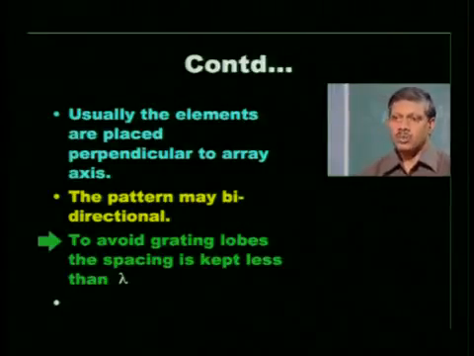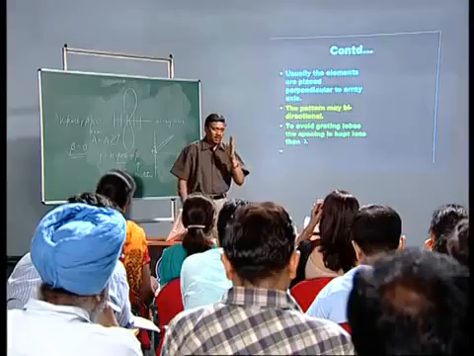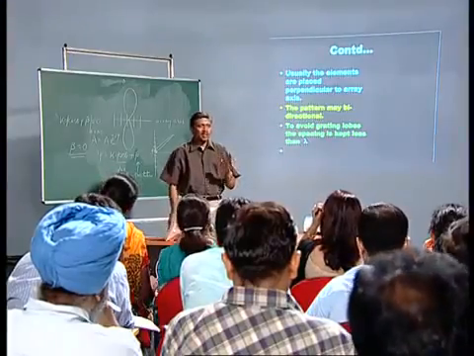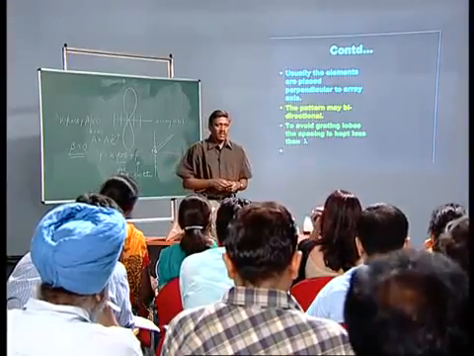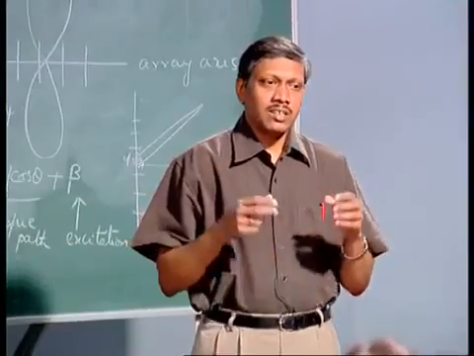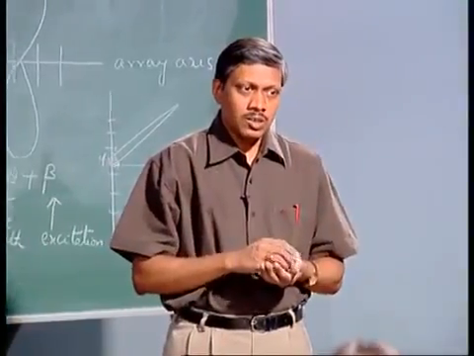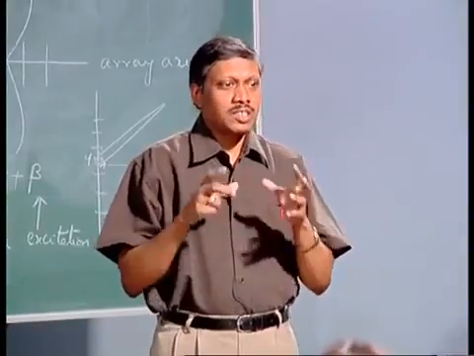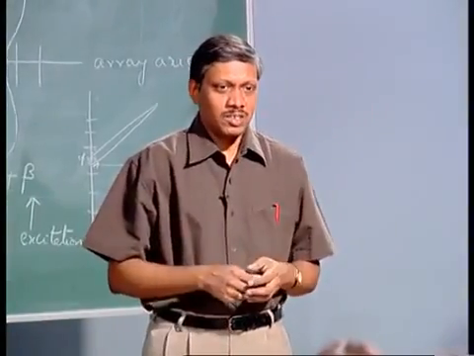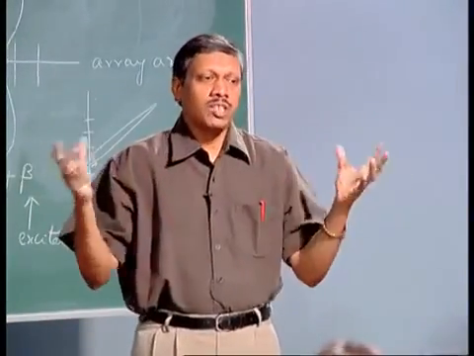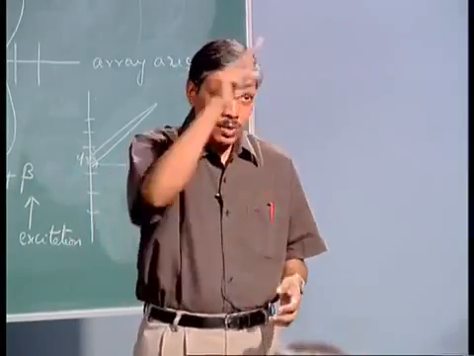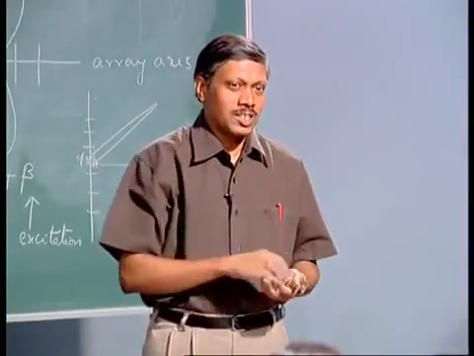What do you mean by grating lobes? Already I have explained major lobe, minor lobe, back lobe, all those things we have discussed in your class. Grating lobes are the minor lobes which have almost the same amplitude as the main lobe. That means you get multiple maxima, like the pattern which you saw in my initial slide.